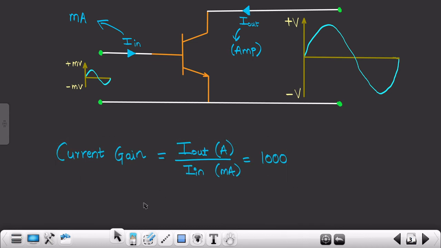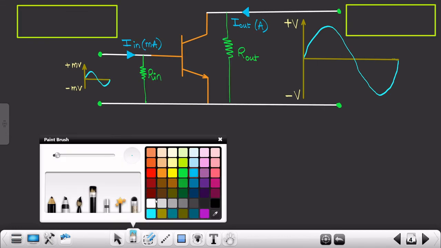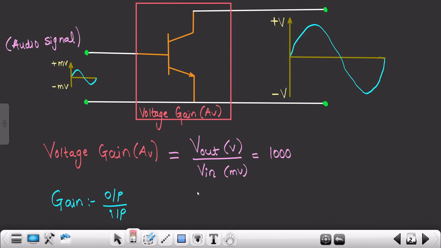Now moving further, we all know Ohm's law, and by Ohm's law we know that V is equivalent to I into R. So over here we know the input voltage that we are giving to this BJT transistor or the amplifier in general.